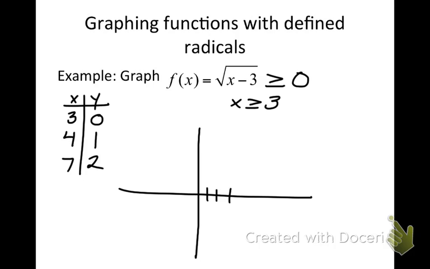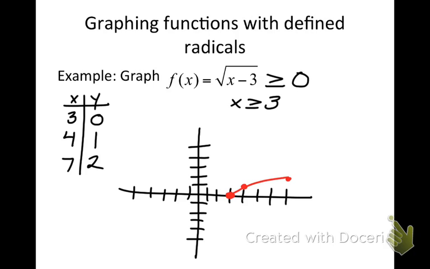So 1, 2, 3, 4, 5, 6, 7, my x-axis. 1, 2, 3, 4, 5. So 3, 0 is right here. 4, 1 is right here. 7, 2 is right here.